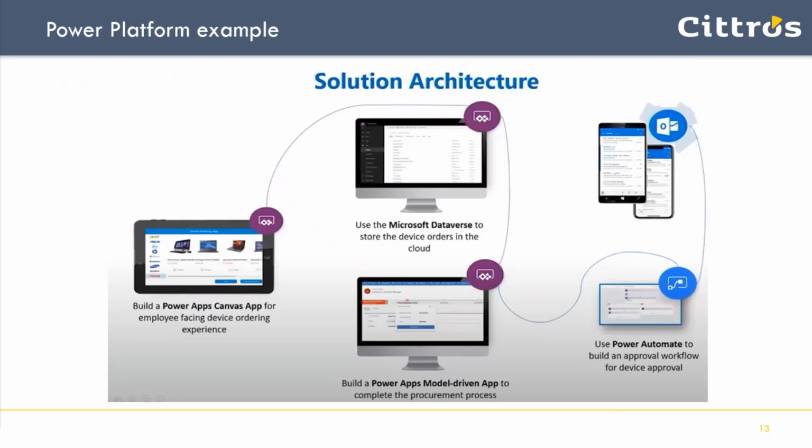After that, we have a model-driven app to complete the procurement process. And we use Power Automate to build an approval workflow for that order. We can communicate that back using Outlook, Office 365, or Teams.